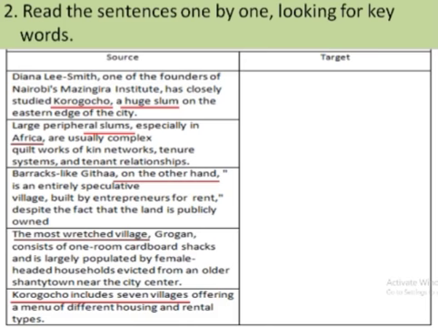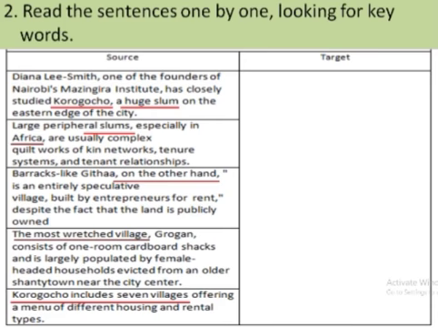Okay. Last one, Korogocho includes 7 villages. Okay, again, this Korogocho came, which we had marked in the beginning. If not, we can mark there. We can say, okay, this name came before, and it includes 7 villages. So the village is also coming. Okay. Offering a menu of different housing and rental types.